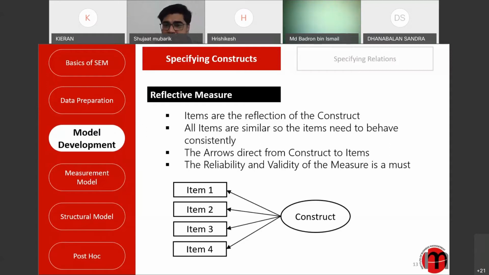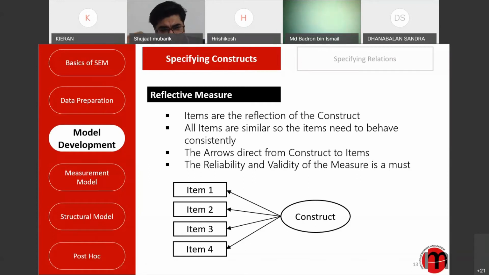It means that each item is important and we cannot delete any of the items. Whereas in the reflective construct, the assumption is that items reflect the main construct, so if an item's factor loading is lower, we can delete that item.